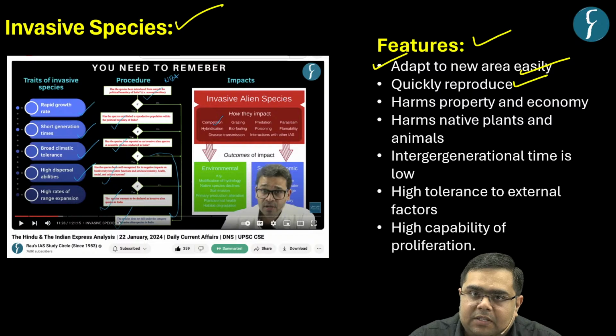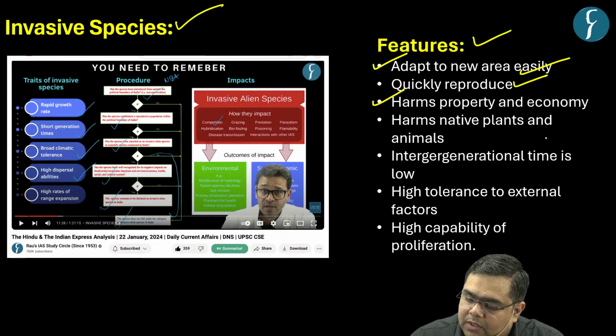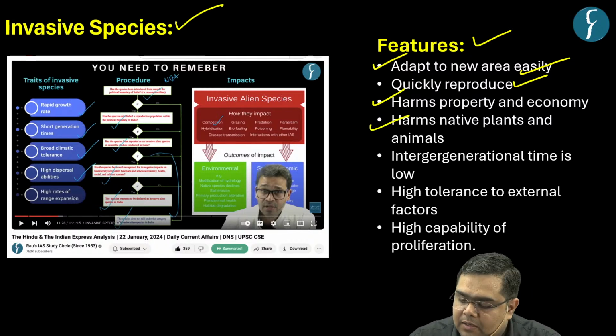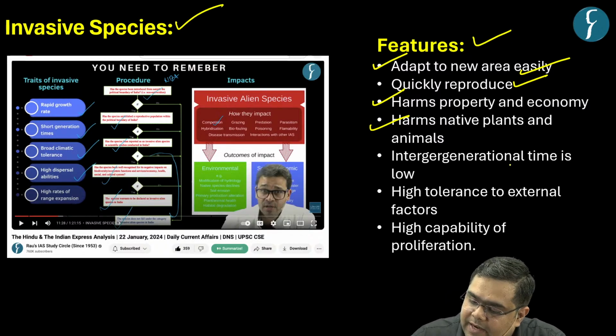The third feature of invasive species is the harm that it does to property as well as the economy, right? The next disadvantage is the harm it does to native plants and animal species. Then another disadvantage is their very low intergenerational time.